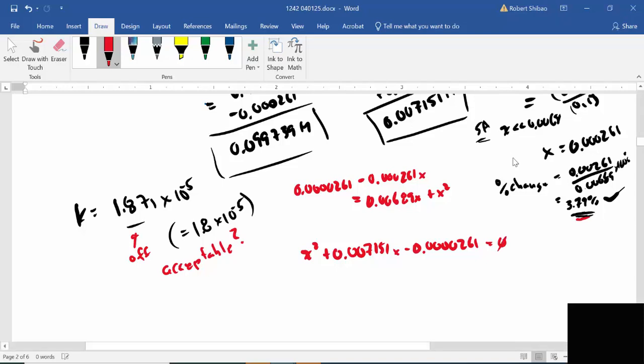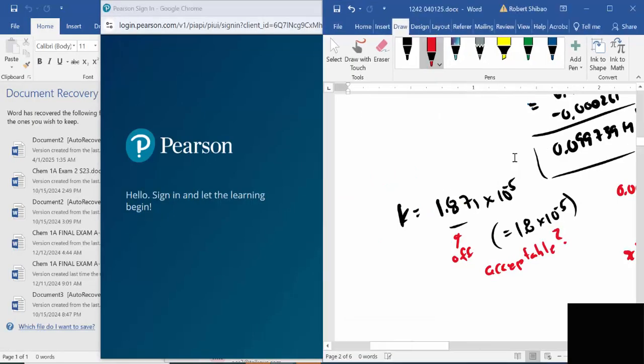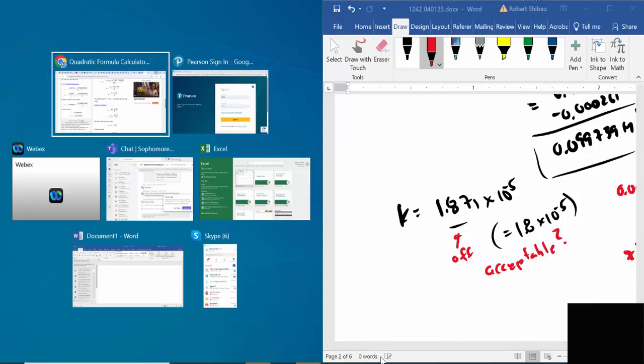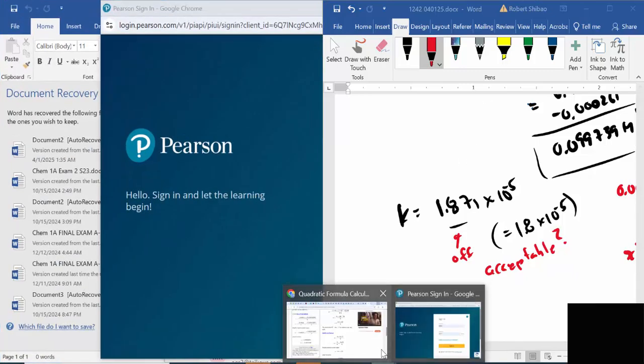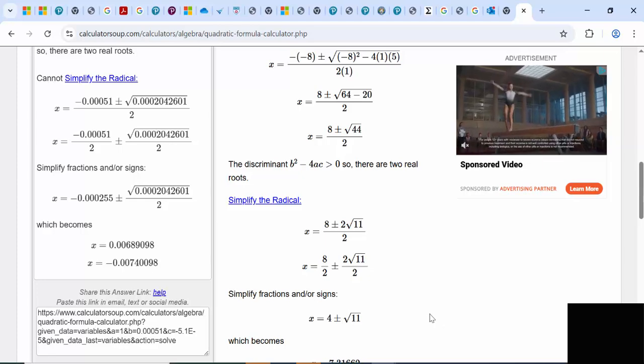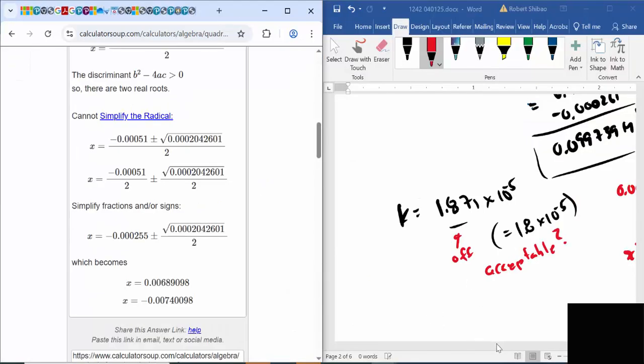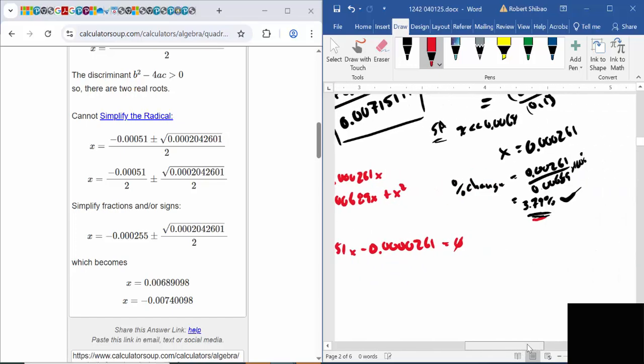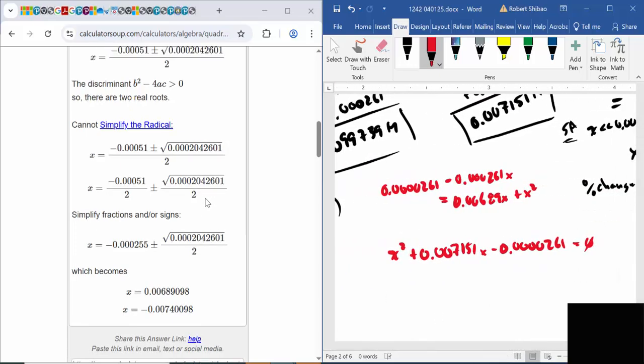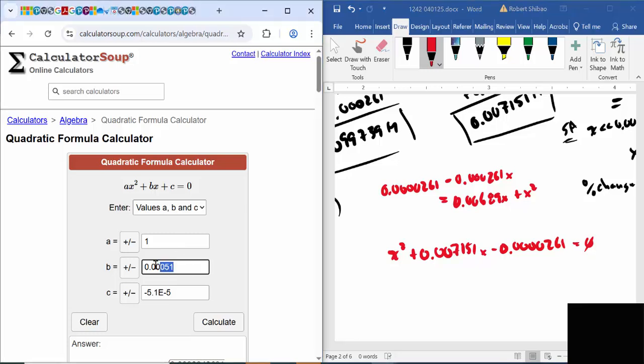All right, now I'm going to go back to the quadratic solver. I wouldn't do this if I didn't have the quadratic solver, because it would just take too much time using the quadratic equation. So my B is 0.00751, and my C is 0.00261.